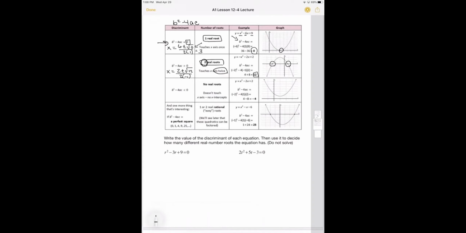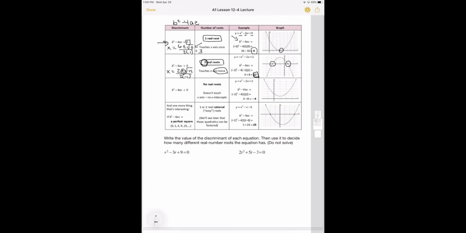And look what happens. You see I have this 2 plus minus root 12. Well, we would simplify all that, but still, you see there are 2 answers that would occur. So what you'll be doing is you'll be finding the discriminant, and if it's positive, you'll say there are 2 solutions, and we will, in some of the problems, show that it intersects the x-axis twice.